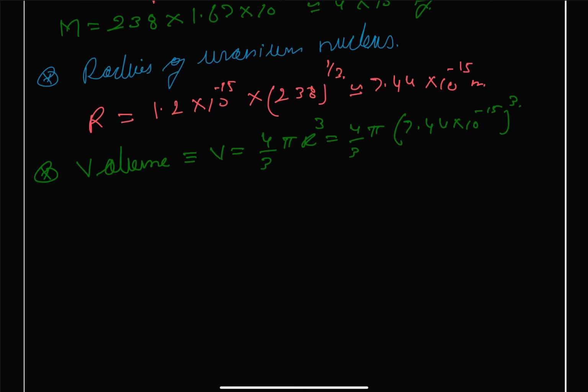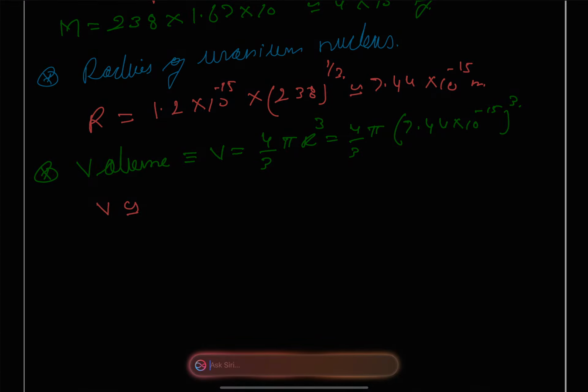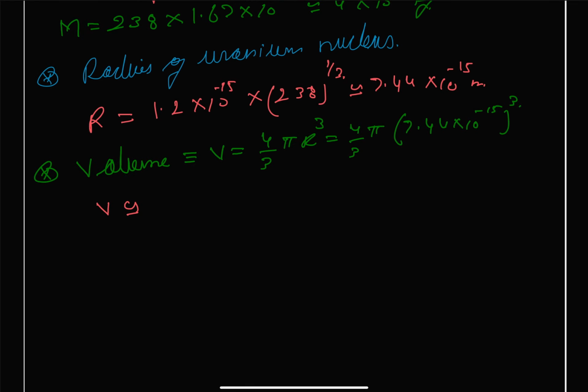So we get our volume V approximately equal to 1.73 into 10 to the power minus 42 meter cube.